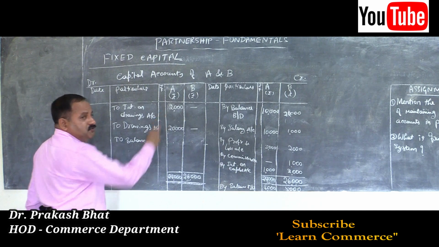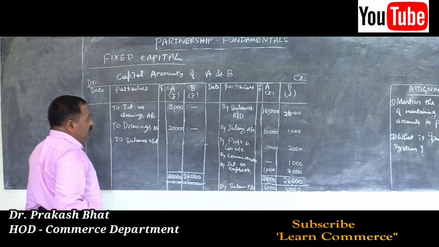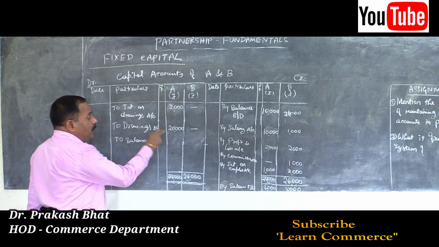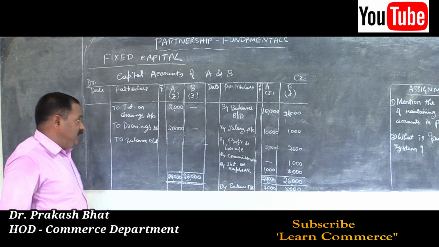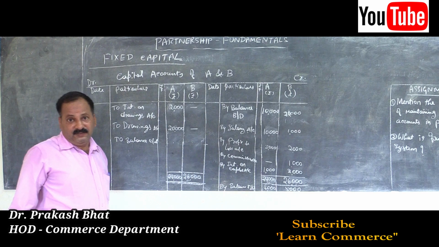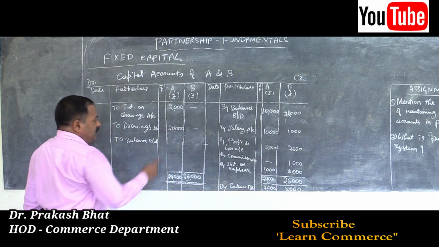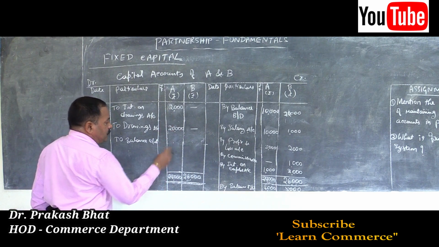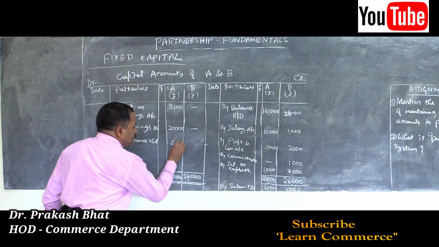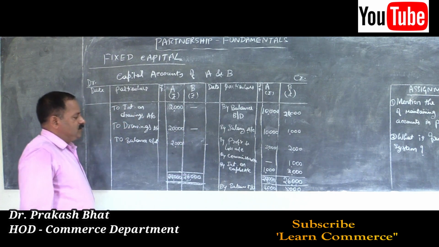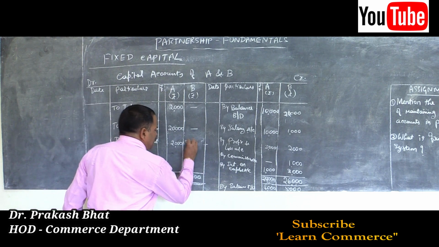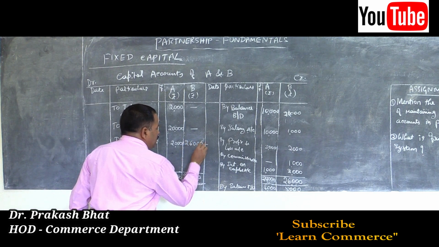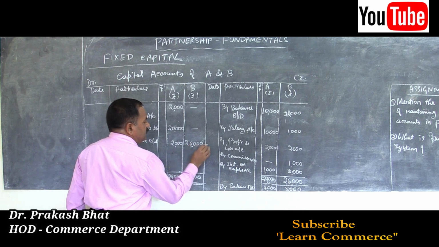Here 20 plus 2, 20,000 in A's account because he has already drawn the amount 20,000 and interest on drawings charged by the firm is 2,000. So 22,000, and 24,000 is the total. The difference is 2,000 here. Then here 26,000, no debit entries, so that itself is the difference, 26,000.